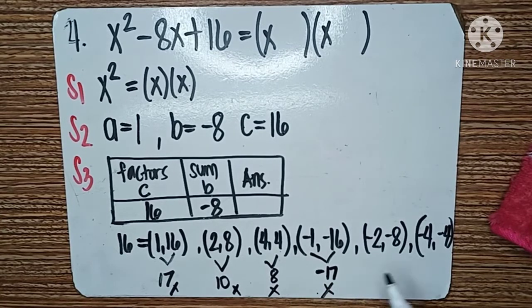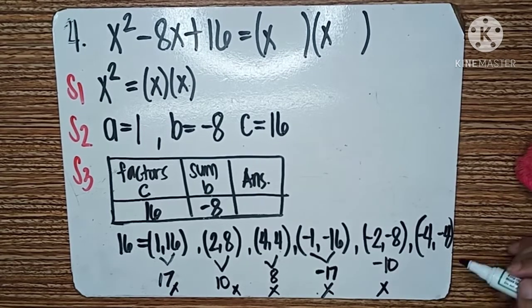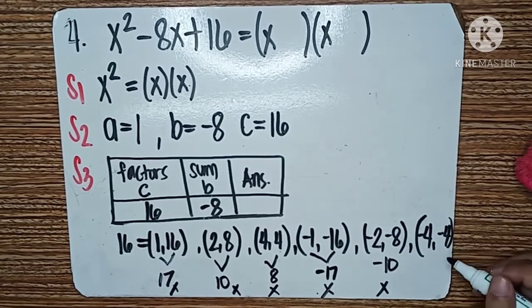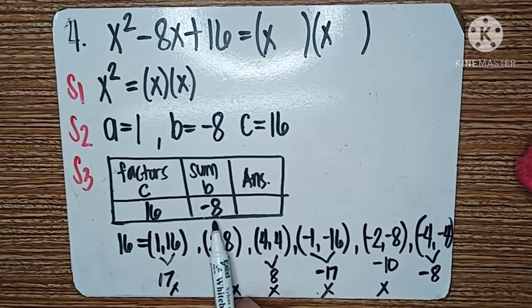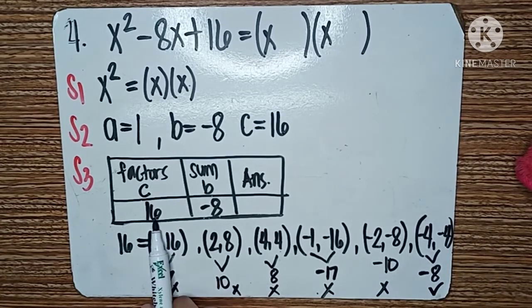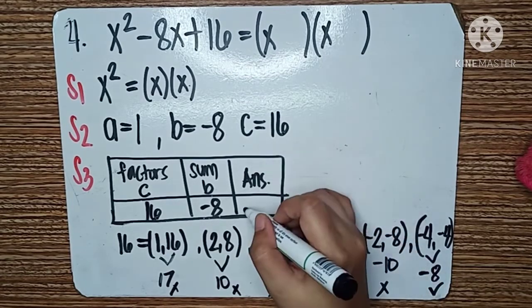Hindi ulit ito. Negative 2 plus negative 8 is negative 10. Hindi ulit. Isa na lang. Negative 4 plus negative 4 is negative 8. Uy, ito yung hinahanap natin. Therefore, the factors of 16 whose sum is negative 8 is negative 4 and negative 4.